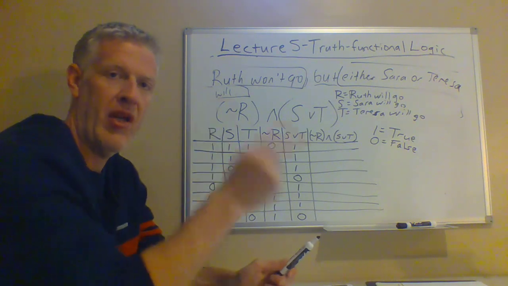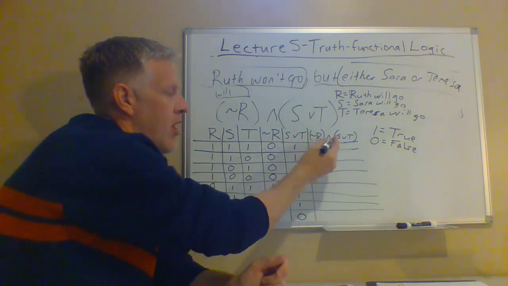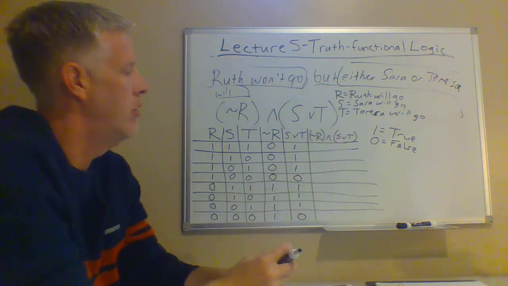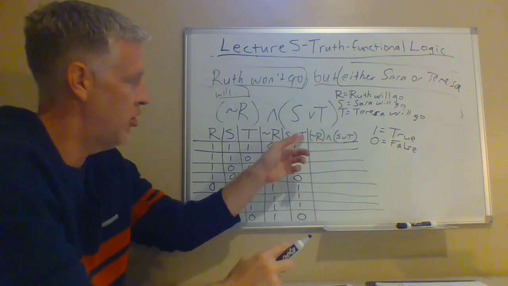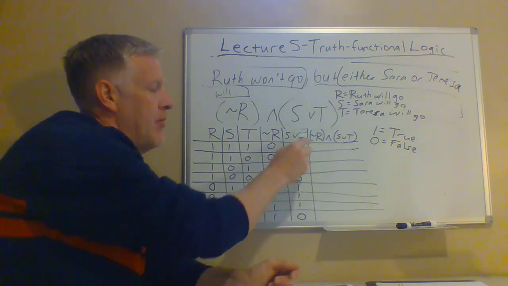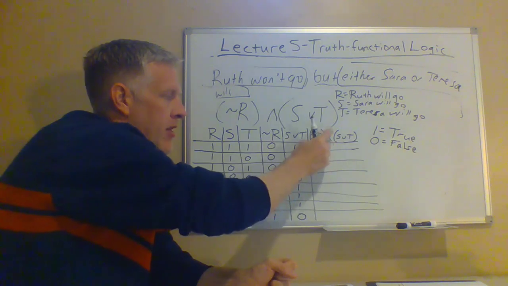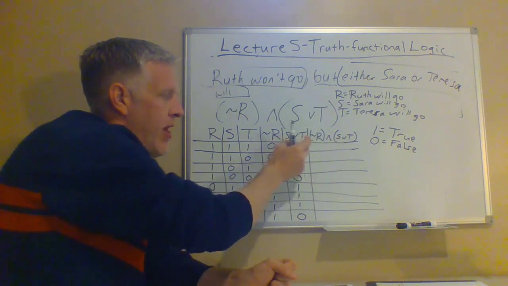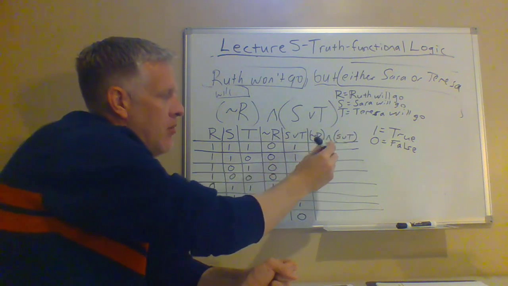It's easy to call them a liar because there's only one scenario where it's going to be true, and that's where both of the conjuncts are true. Hopefully I said disjuncts there and not conjuncts. Here, the conjuncts, it's the opposite relationship, right? It's a lot harder to say a conjunction is true because both of them have to be true. Remember, with the disjunction, only one of them had to be true. Here, both of them have to be true.